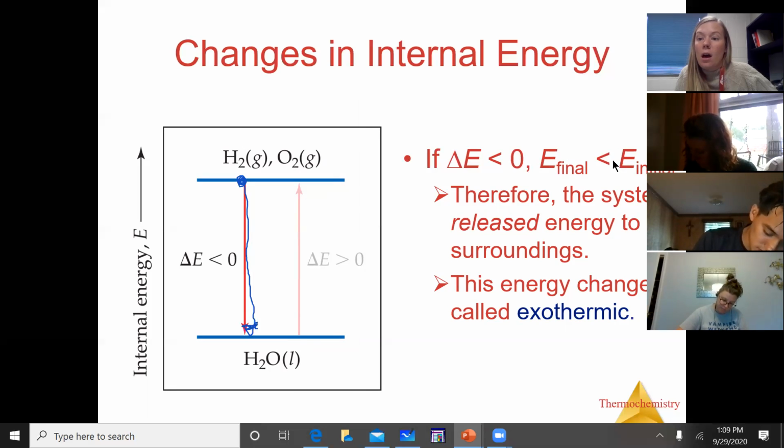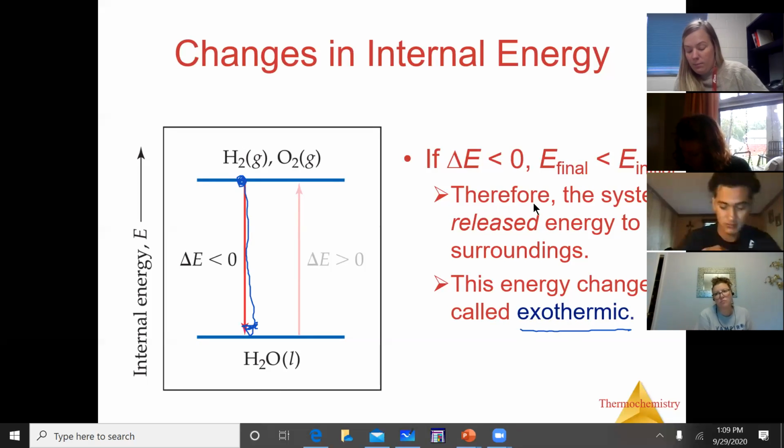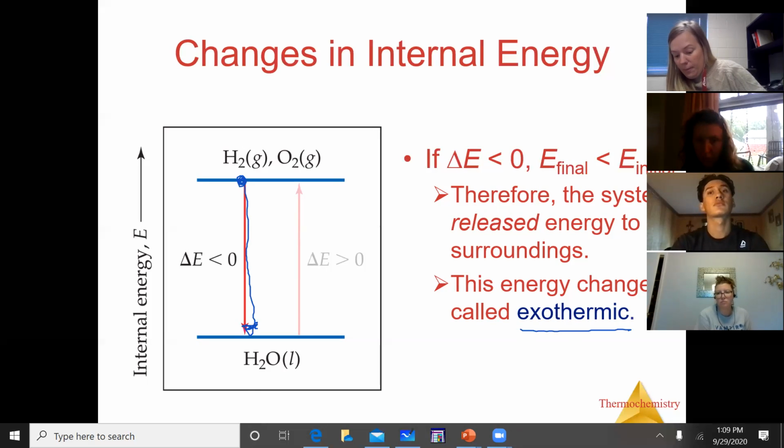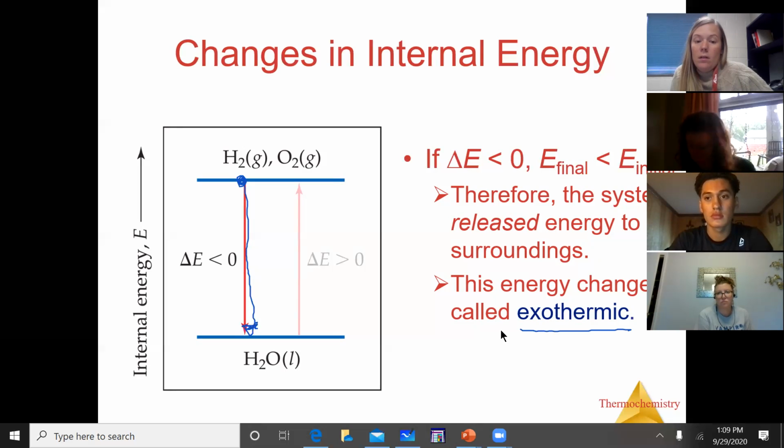That means that we've lost energy, we've lost delta E, or we've released that into the surroundings. In that case, we would call the situation exothermic because the energy is exiting the system. In an exothermic reaction, your product's energy is lower than your reactants, vice versa for the other one.